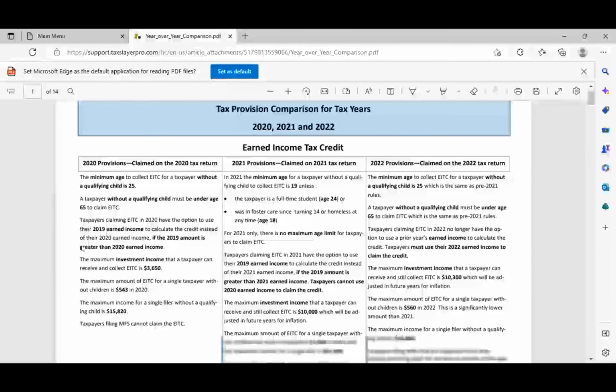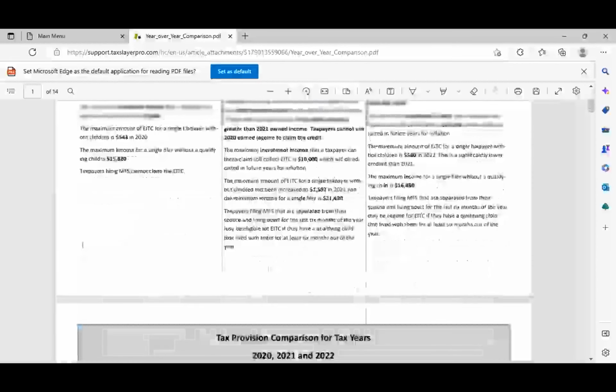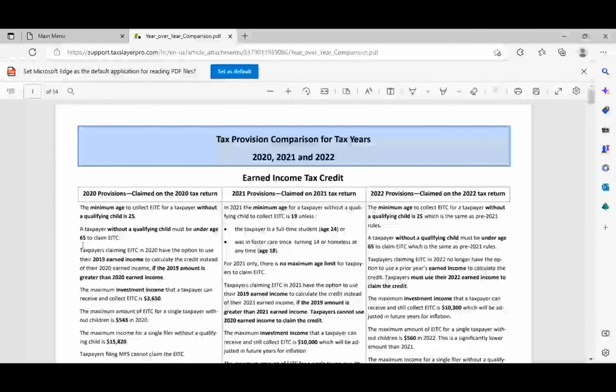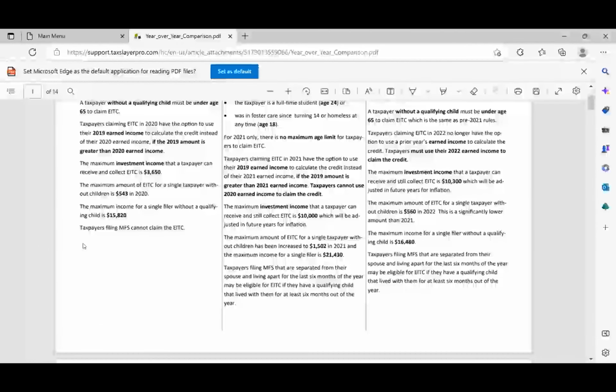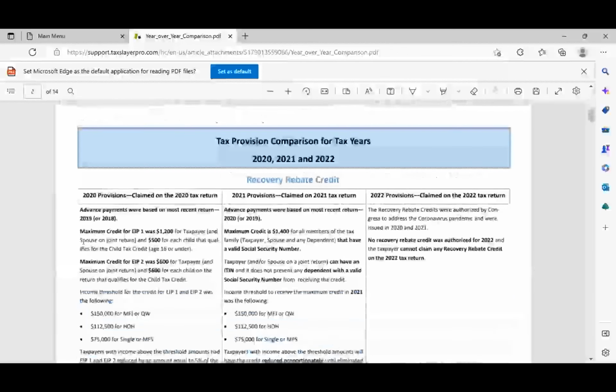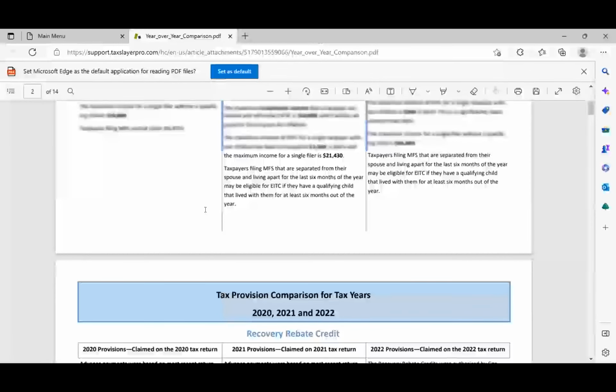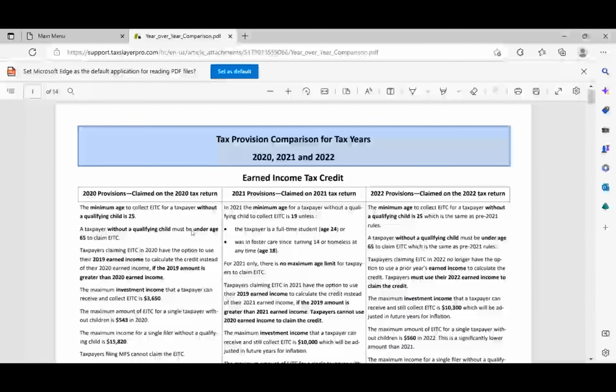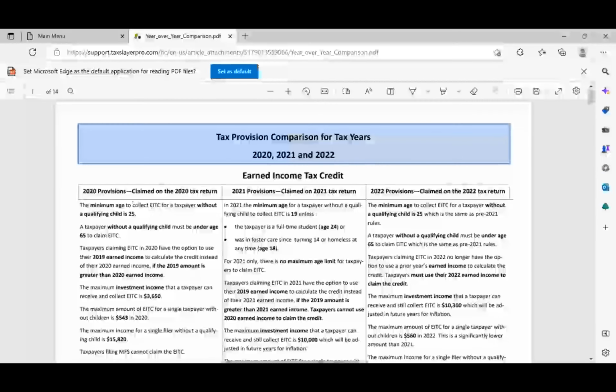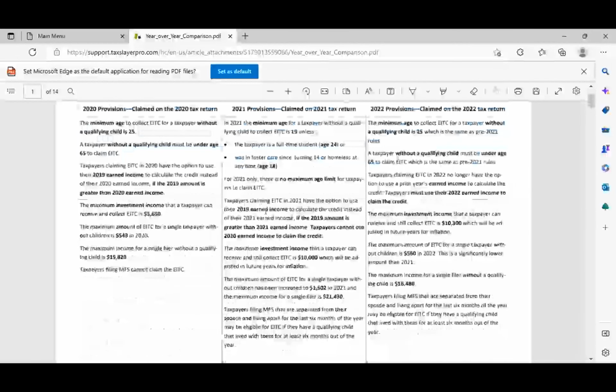I think we tried to do that in our classes, but as you can see, TaxSlayer, as a courtesy to its customers, has summarized those rules as well. So if you think in terms of answering about the earned income credit, you want to have a year comparison, avail yourselves of this little service that our folks at TaxSlayer have provided for us.